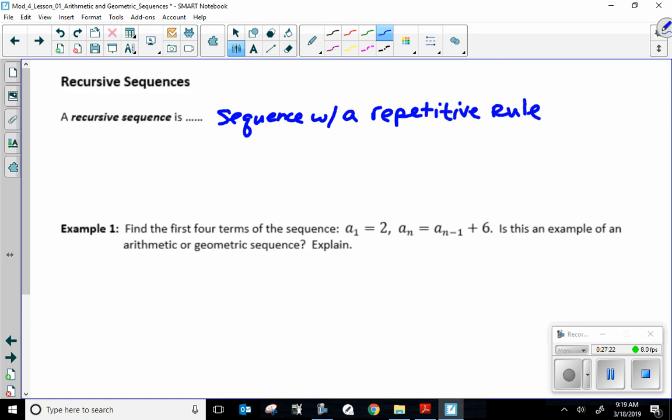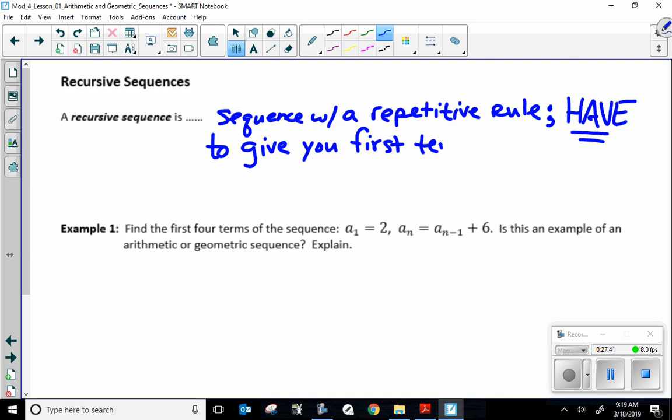Listen, this is important. They have to give you a term, and it's typically the first term. It doesn't have to be the first term, but on the final, you'll see why that is important. They have to give you the first term.